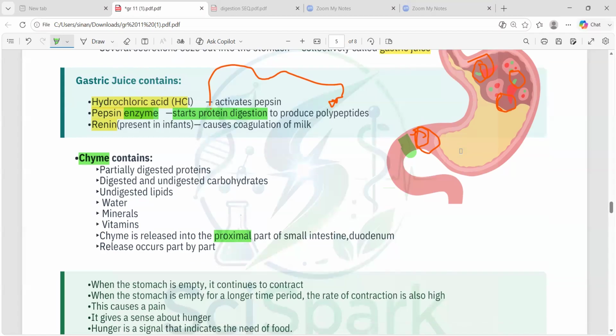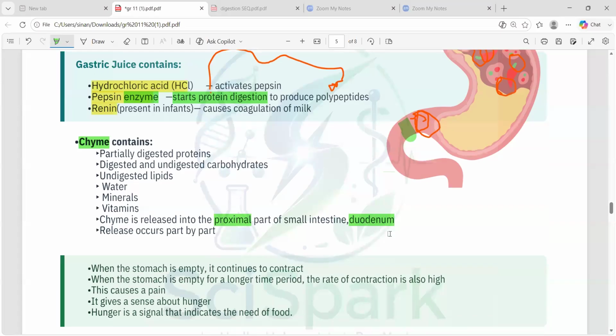Okay, so the proximal part of the small intestine is called the duodenum. The proximal part of the small intestine is known as what? Duodenum. Have to remember these things. Okay, the proximal part of the small intestine is known as duodenum, and the chyme is released from the stomach into the proximal part.